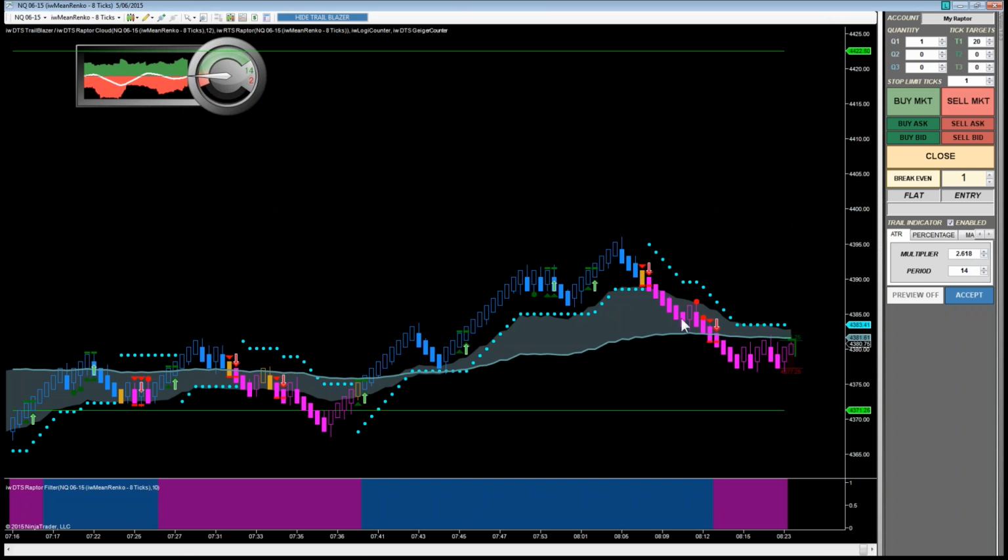So when the cloud is bullish, as it is now with the soft edge above the hard edge, we call this here the hard edge, we tend to look for buy signals. Here is a trend change signal, which tends to be a high probability signal on the Raptor. So the cloud just flips over. This is the first signal that generates, so we get that little hard edge bounce, generates a signal. That tends to be a higher probability signal.